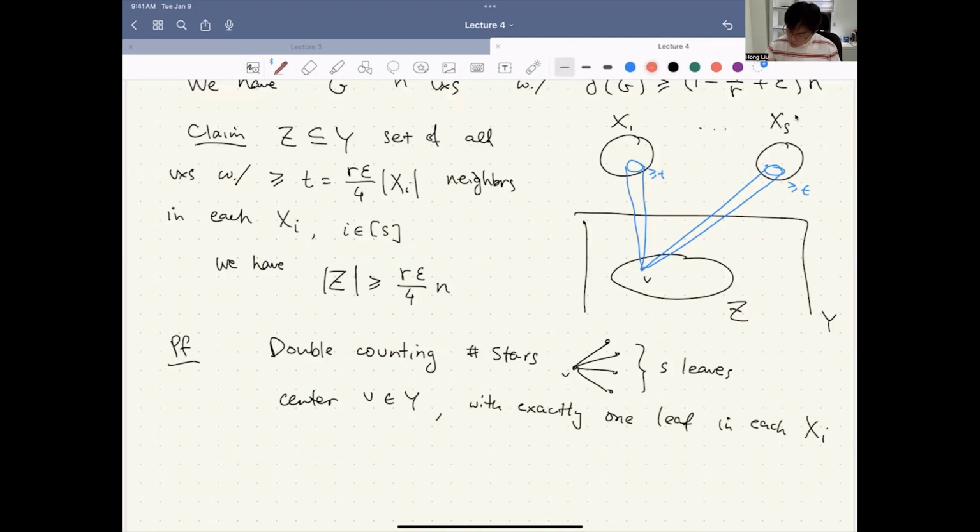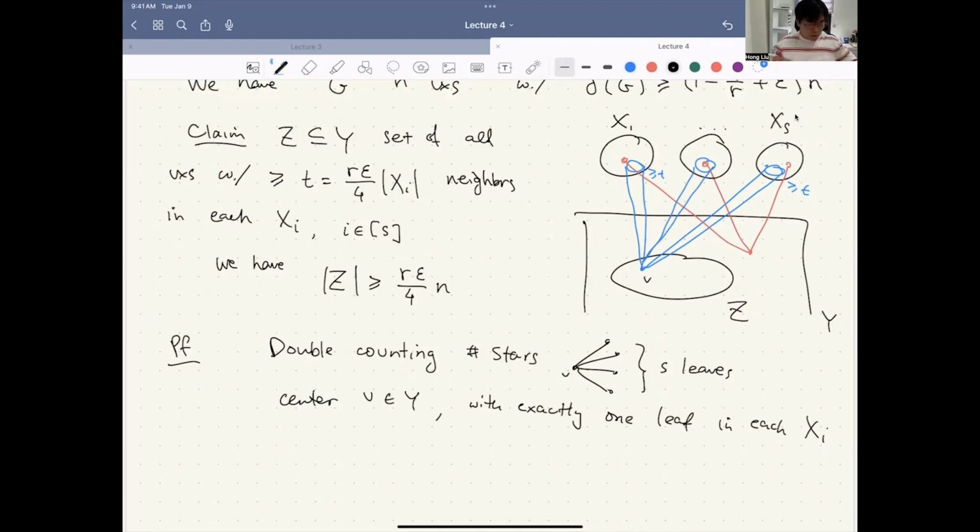So we're counting such things. You have a vertex down here, and you have a star that has exactly one leaf in each Xi. The red star is the one we're going to do double counting on.